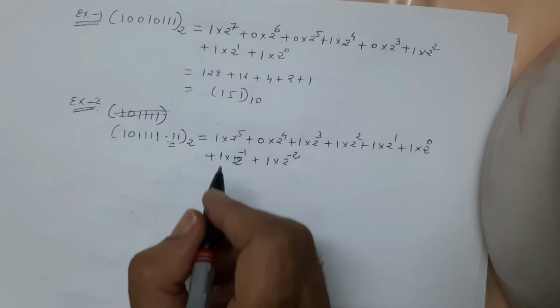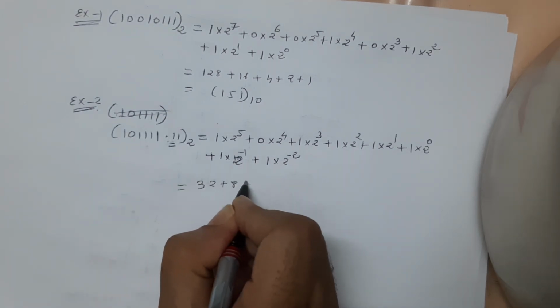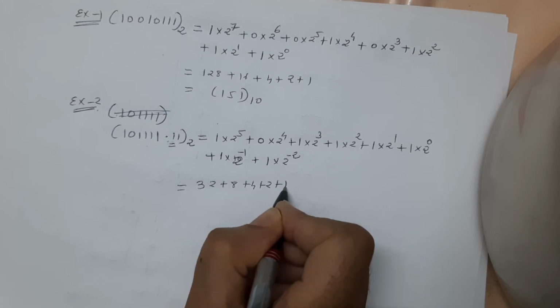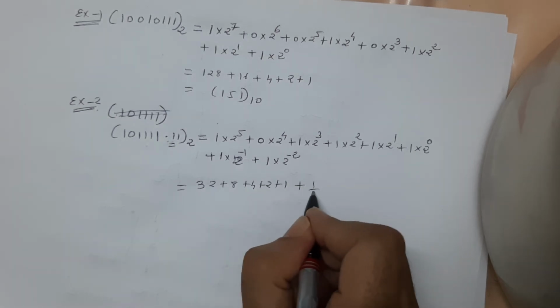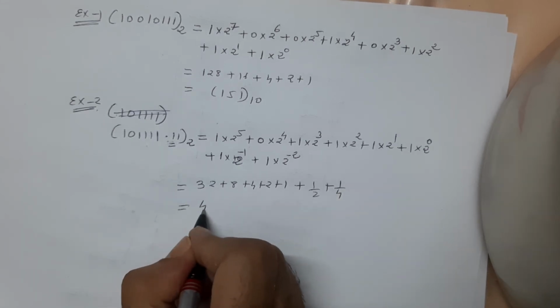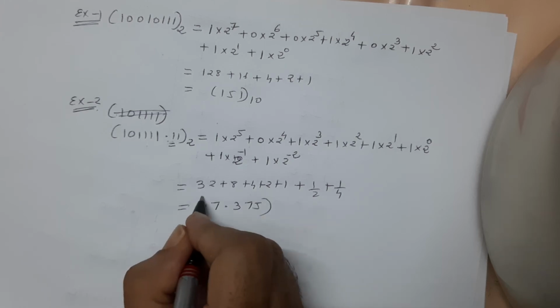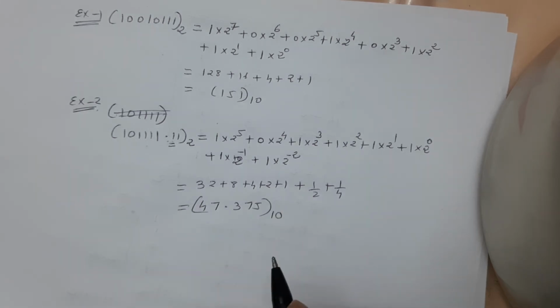This is equal to 32 plus 8 plus 4 plus 2 plus 1 plus 1 by 2 and plus 1 by 4. That is equal to 47.375. This is your decimal number.